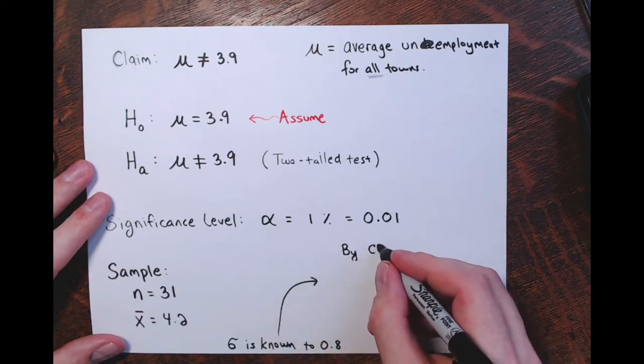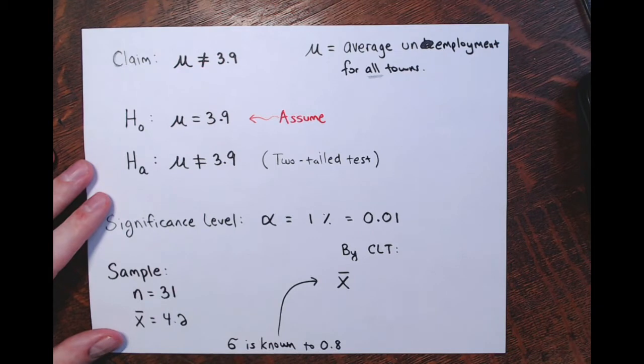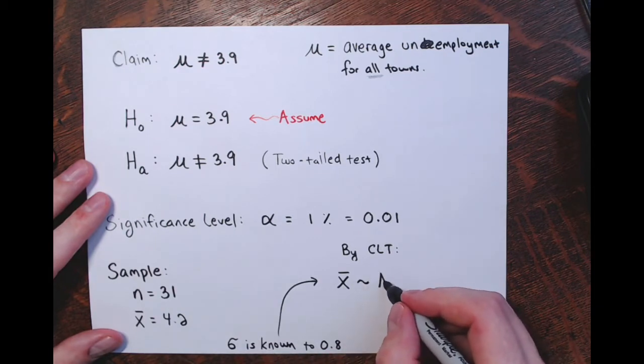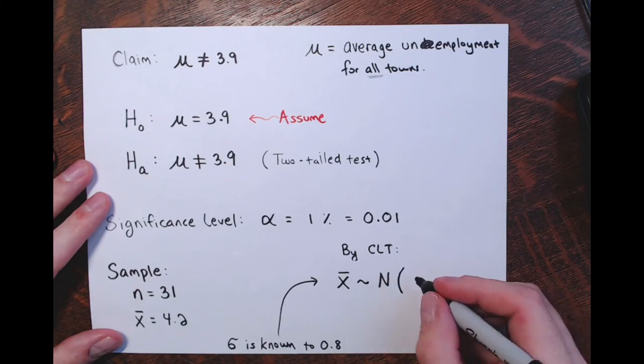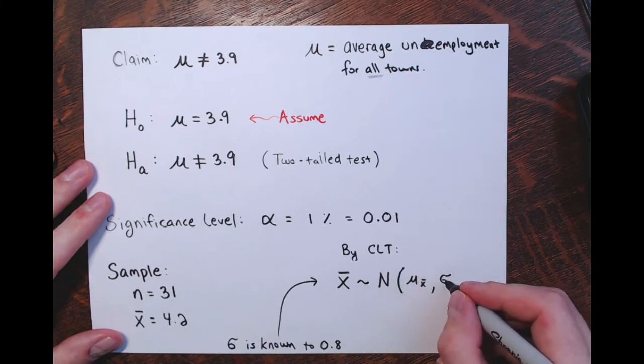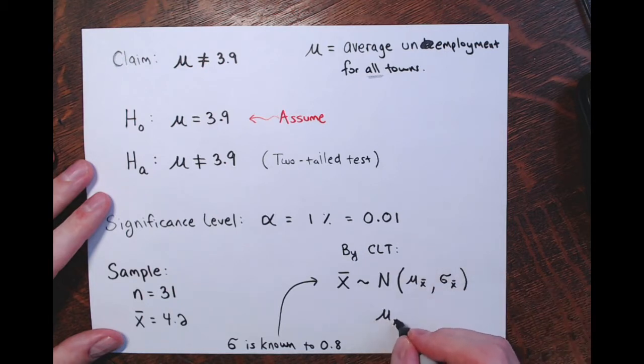by the central limit theorem for means, the distribution of sample means for all samples of size 31 would be approximately normal, with a mean of mu x bar, standard deviation of sigma x bar, where remember the mean of the sample means is the mean of the population.